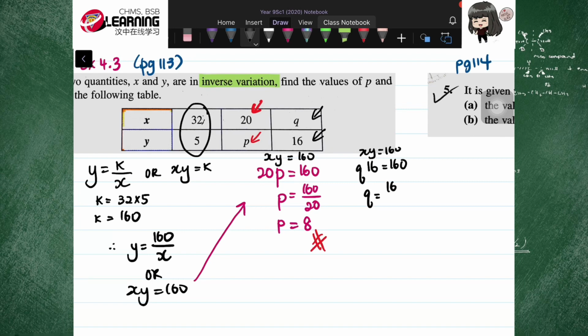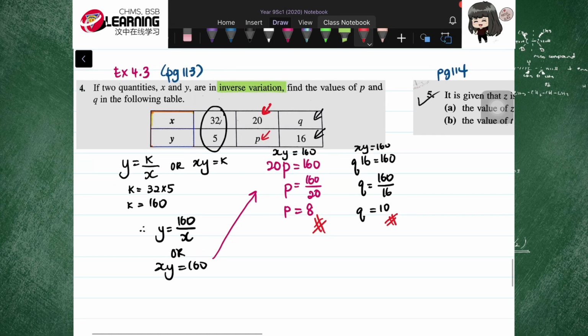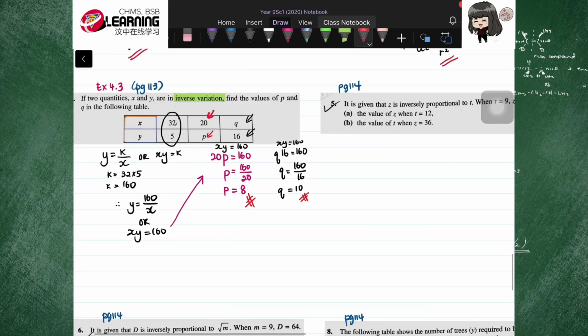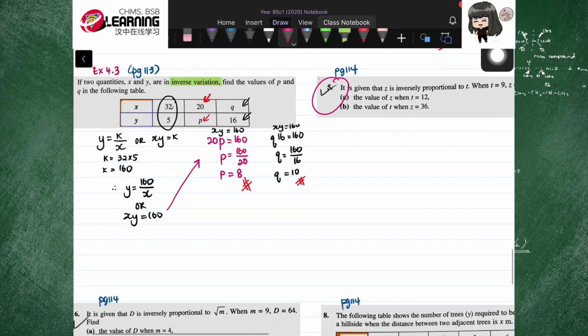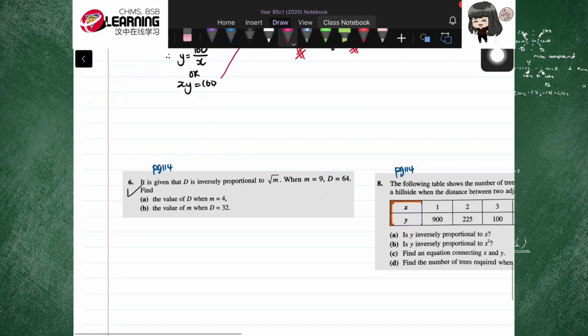Then from here you can find your q. Move the 16 to the other side, it becomes divide, so q is 10. So we found the answer for question number 4. Question number 5, I want you to do it by yourself, including the question, copy all of them. Question number 5, you do it on your own.